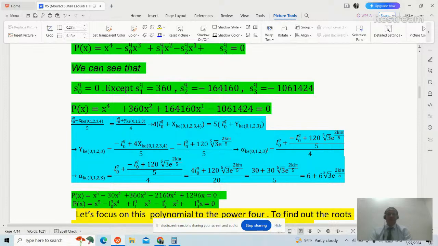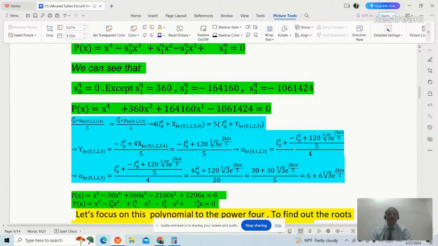Therefore, the roots of my original polynomial, just using the formula as it is, are alpha k, k belongs to 0, 1, 2, 3, is L0 for the cube plus yk. Yk is equal to 4 times this one.